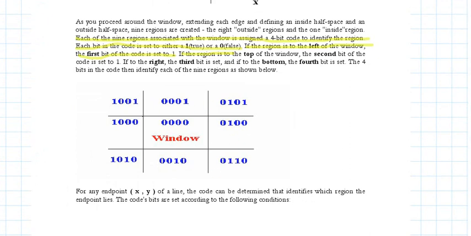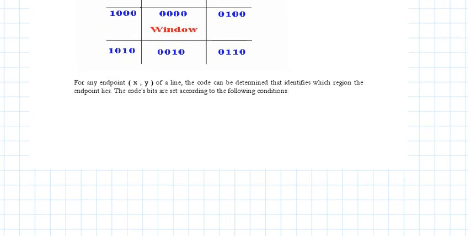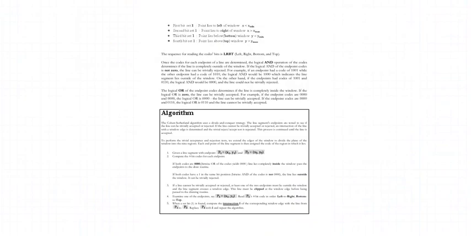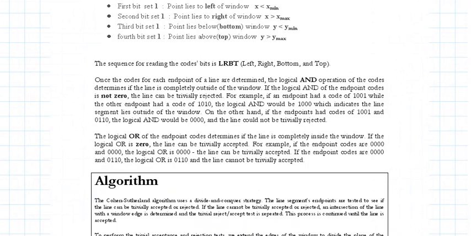By doing this, you are actually generating a code sequence which you can term as LRBT code sequence: left, right, bottom and top. And the conditions are something like this. First bit is set to 1 if the point lies to the left of the window.